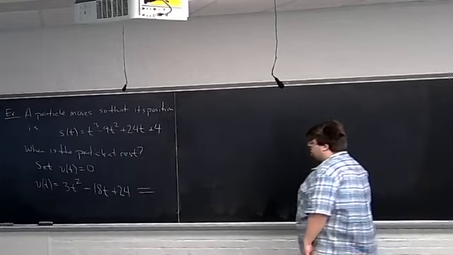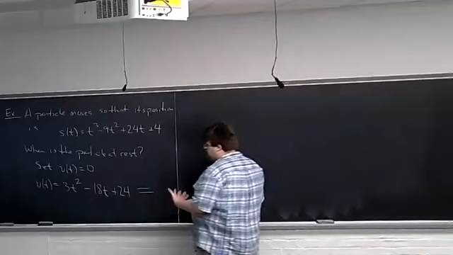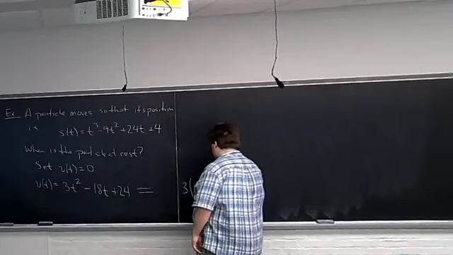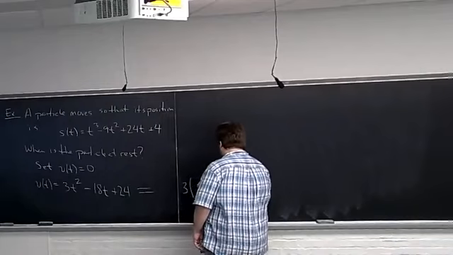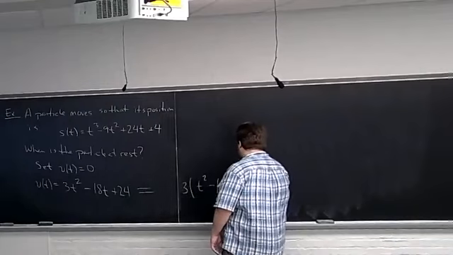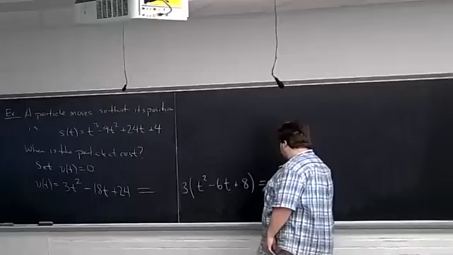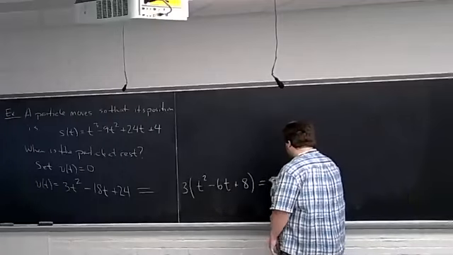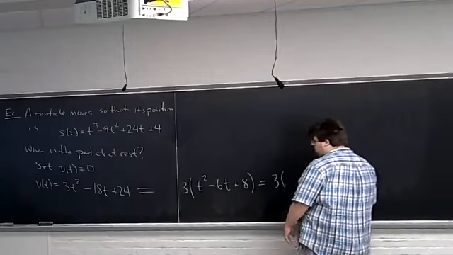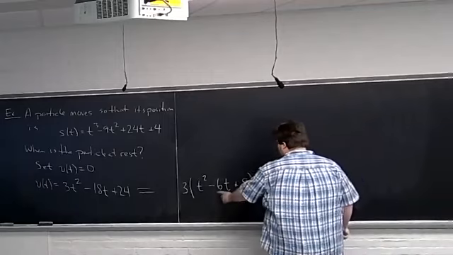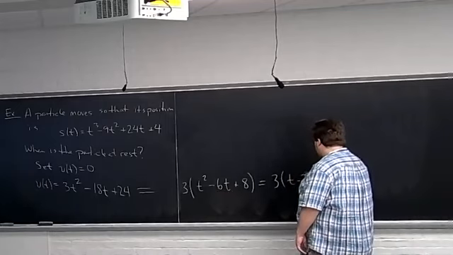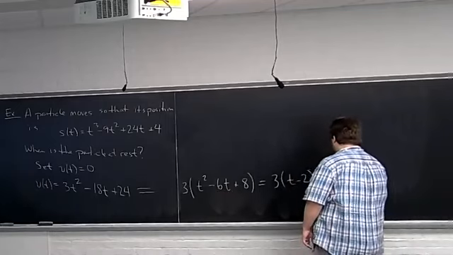Conveniently, the 3 factors out because everything is a multiple of 3. 3 times t squared minus 6t plus 8. And that inside does factor as well, because 4 and 2 make 8, and 4 and 2 make 6. They're both negative. So t minus 2, t minus 4.